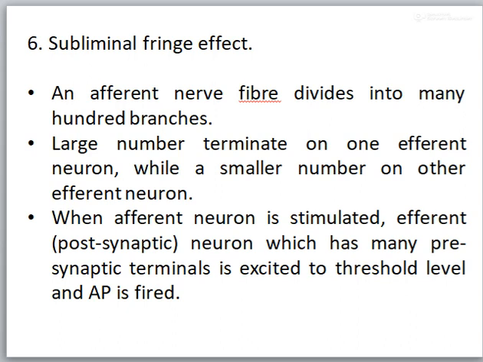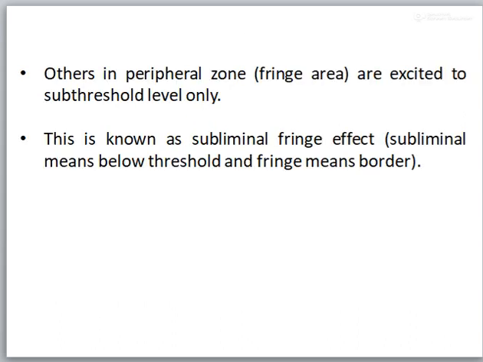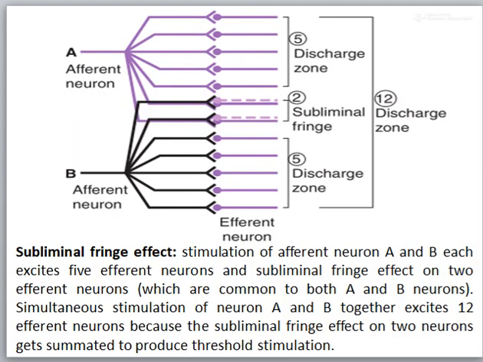When this afferent neuron is stimulated, the efferent neuron which has many presynaptic terminals is excited and produces the action potential, and the others that are in the peripheral zone or fringe area are excited to a subthreshold level and no action potential is produced. This is known as subliminal fringe effect, where subliminal means below threshold and fringe means border.